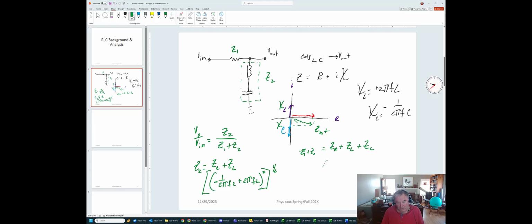So this becomes ZR squared plus minus 1 over 2 pi FC squared, blah, blah, blah, not yet, plus 2 pi FL squared, and then that whole mess is square rooted.